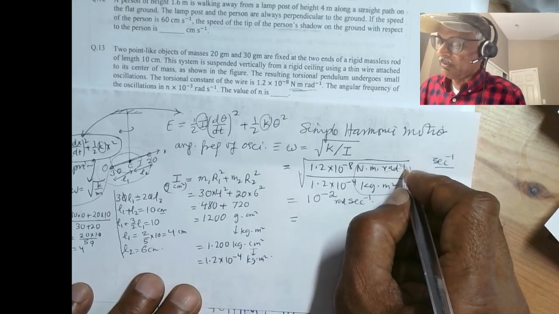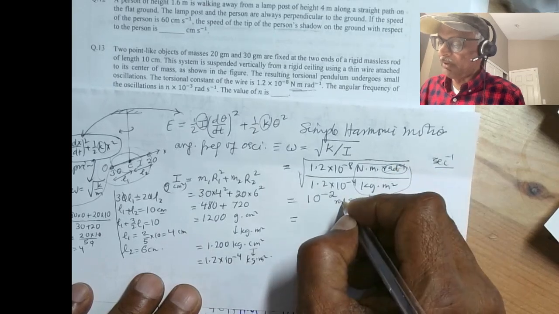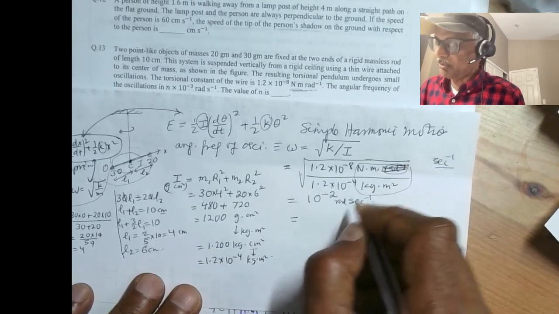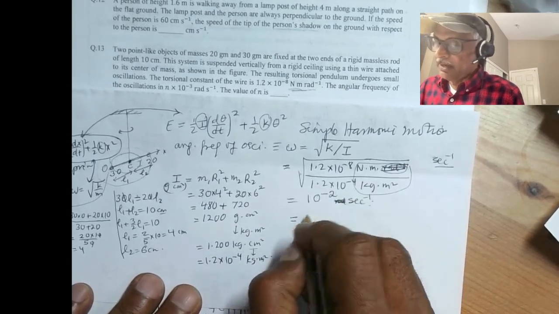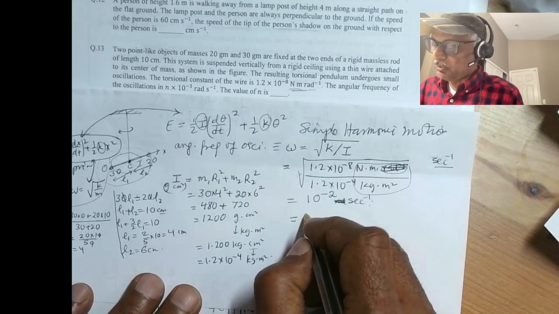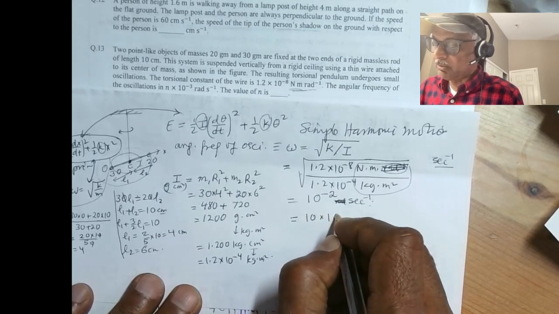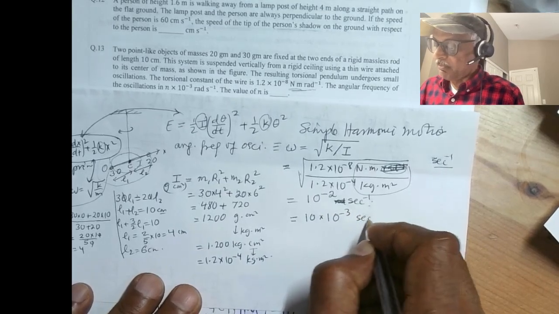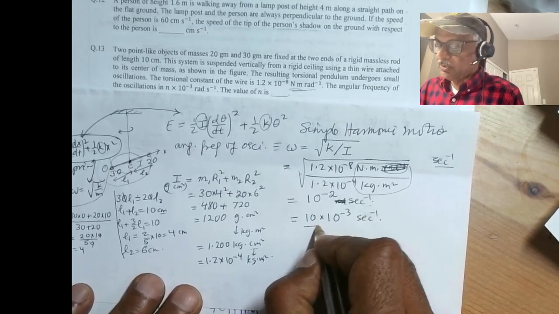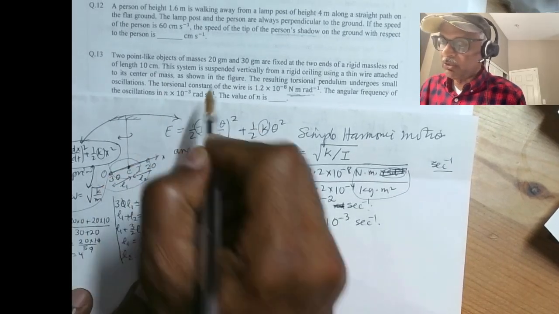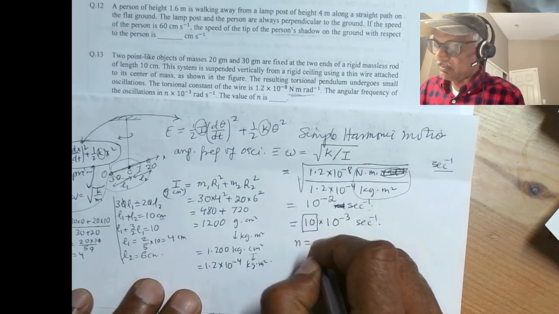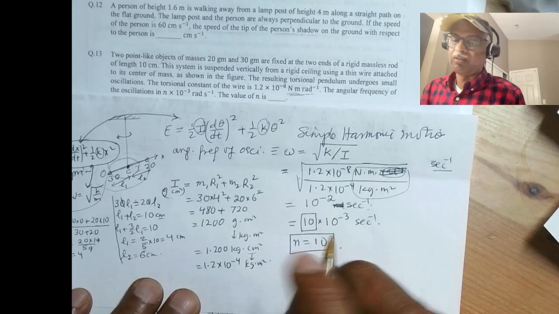You're not supposed to use radian, just per second. So it's 10 times 10 to the minus 3 per second. So this is the n that they're asking us. So the value of n is 10.